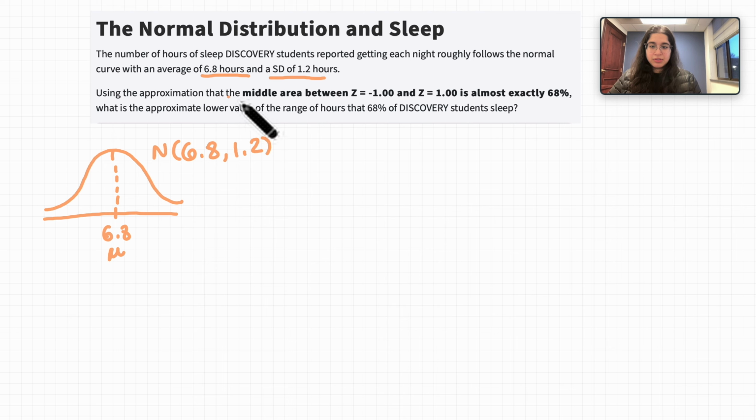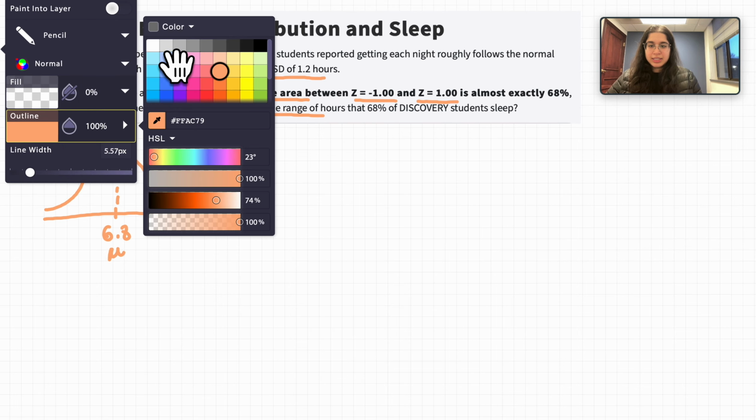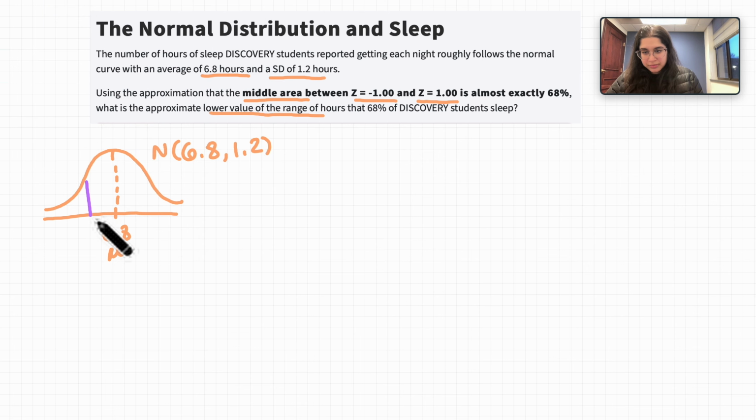Now it says, using the approximation that the middle area between z equals -1 and z equals 1 is almost 68%, what is the approximate lower value of the range of hours for that 68% of Discovery students? So over here, I know that this middle area, I'm just going to shade that in, is approximately 68%, 0.68.